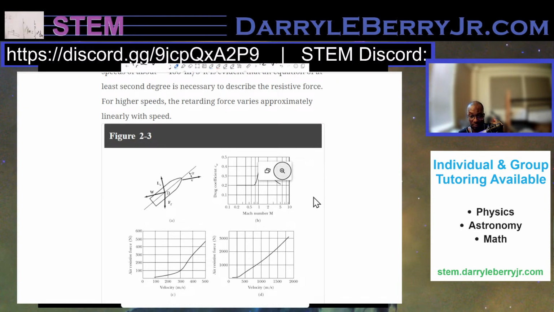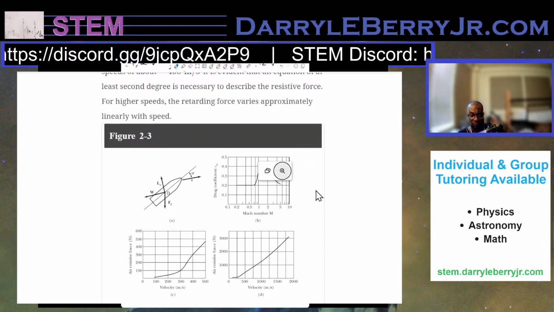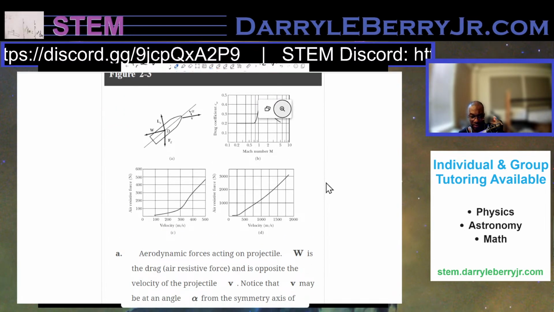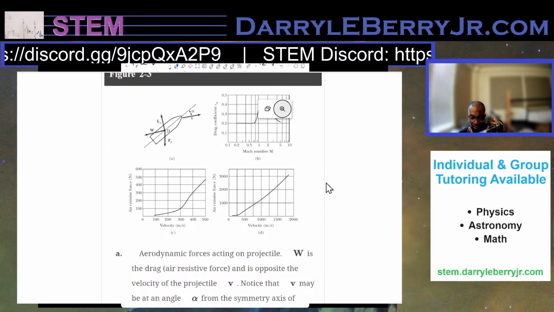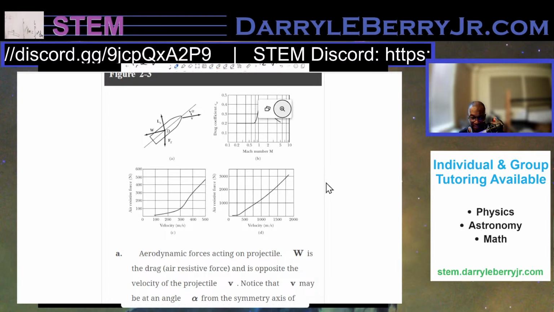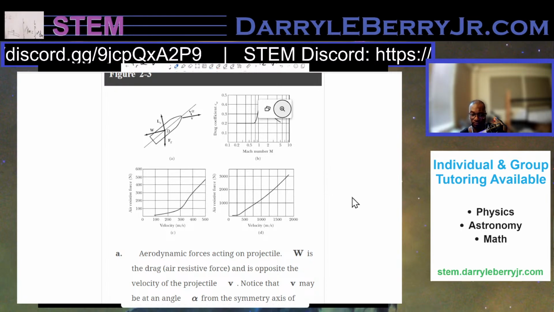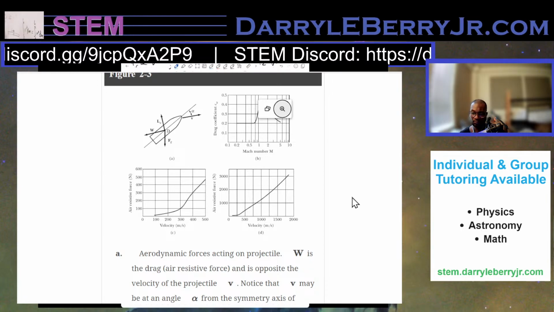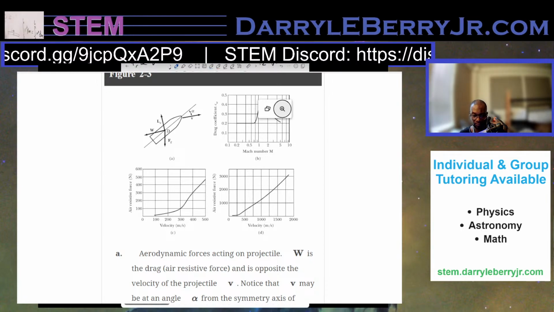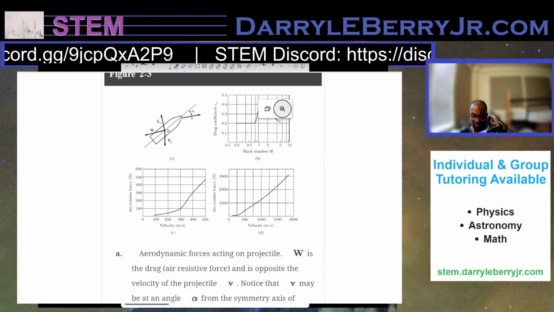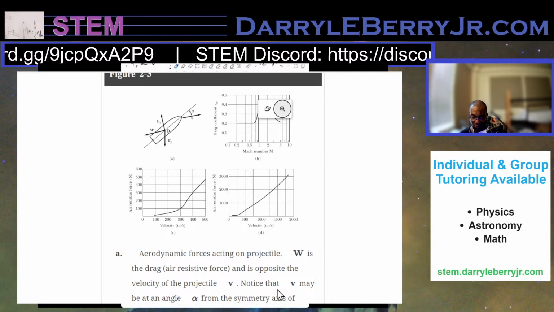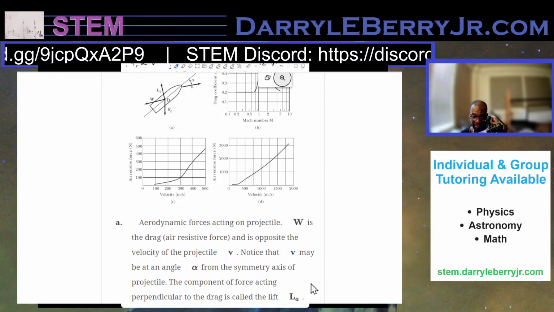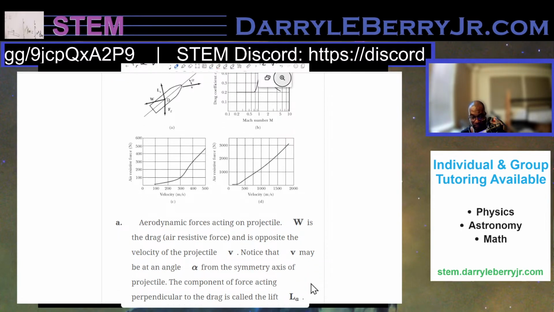Figure 2.3a: aerodynamic forces acting on a projectile. W is the drag, air resistive force, and it's opposite the velocity of the projectile, v. Notice that v may be at an angle alpha from the symmetry axis of the projectile.